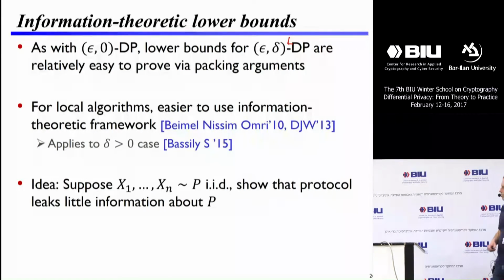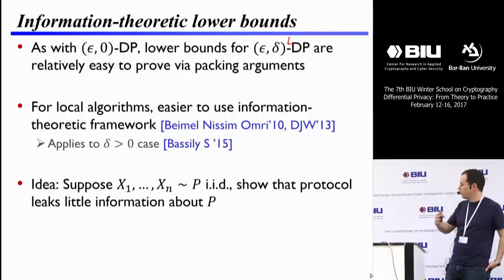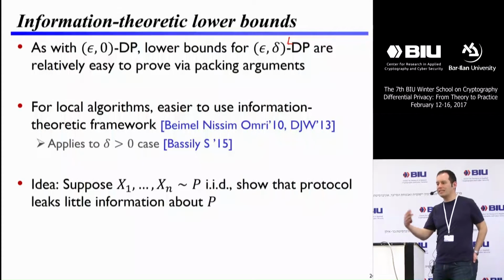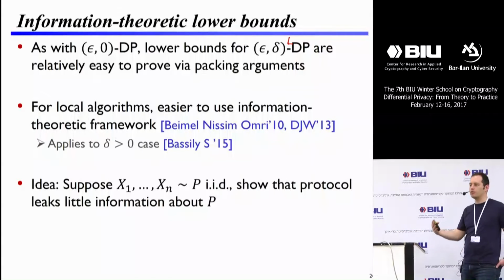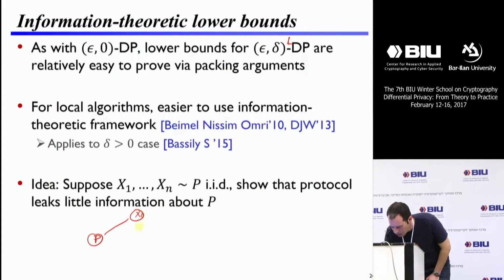Okay, so the basic idea is that we're going to suppose that there's some distribution that's generating our data set. So the points in the data set are generated IID from some distribution. And what we're going to try to understand is how much information the protocol leaks about the distribution. So we don't really care about the data per se, we care about the distribution that generated the data. But of course we're going to go via the data. Okay, so pictorially, here's P. Here are my data points.